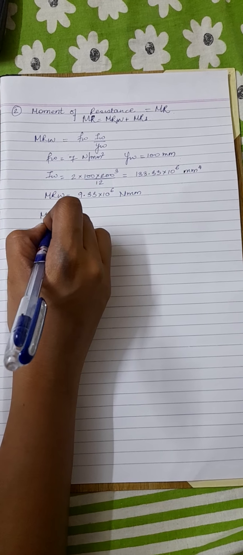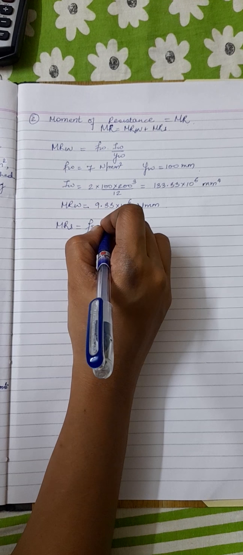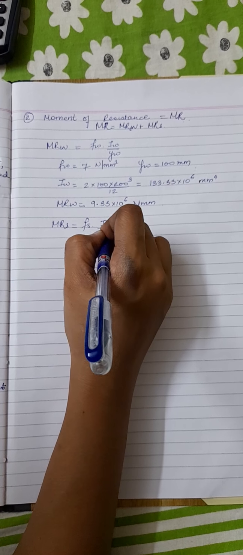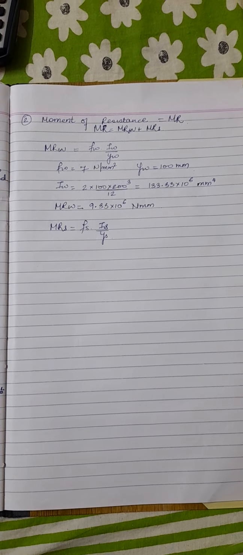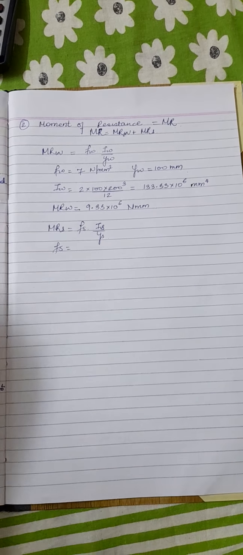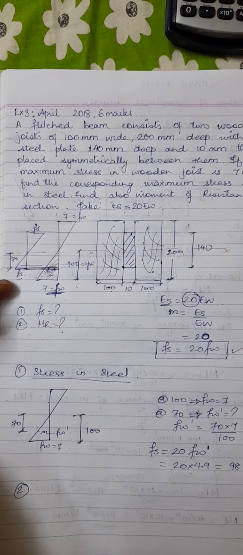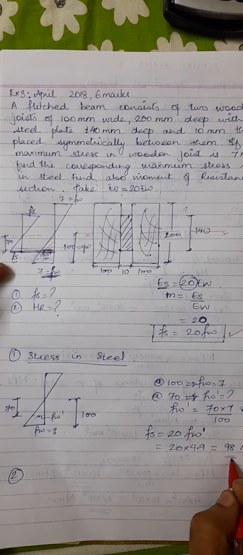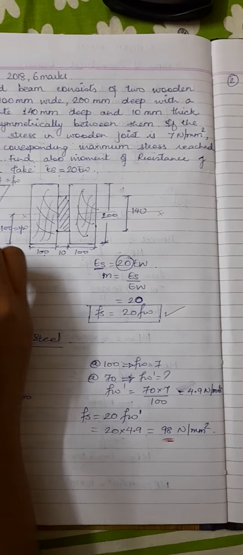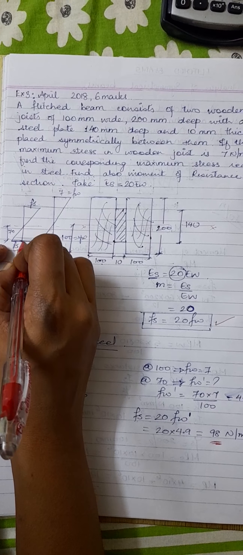Again we are going to calculate moment of resistance for steel. So Fs, Is and Ys. Coming back to Fs value, here we have calculated 98. So this is the value 98, at what distance? 70 from here.